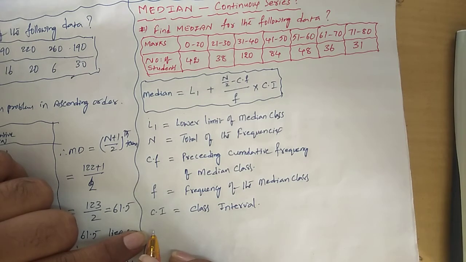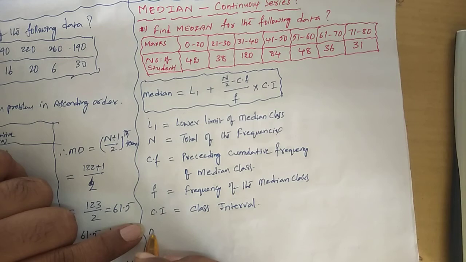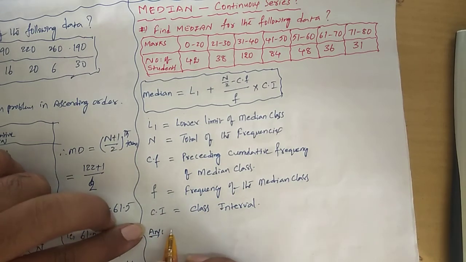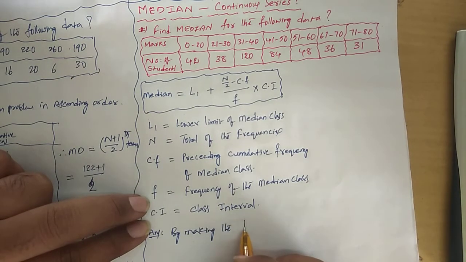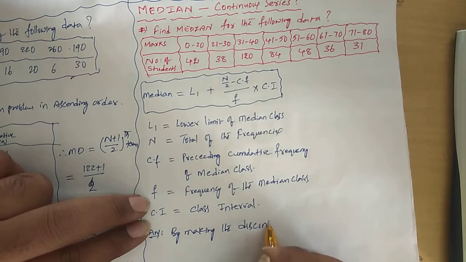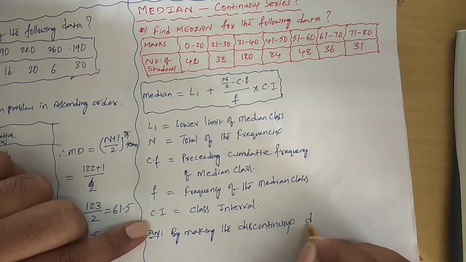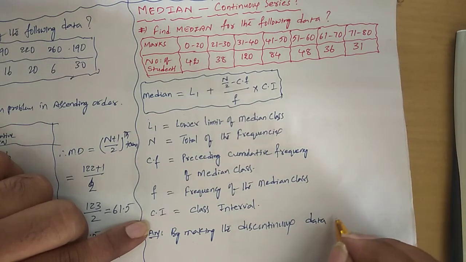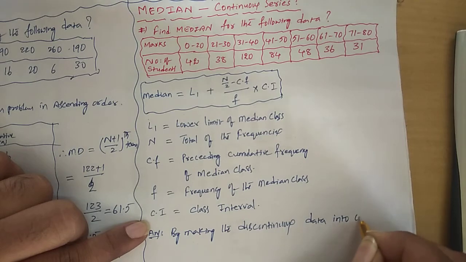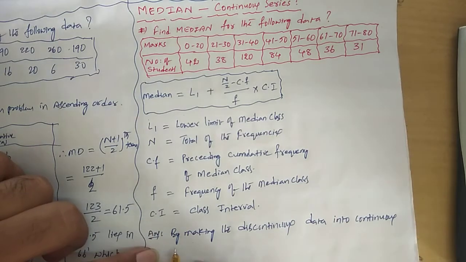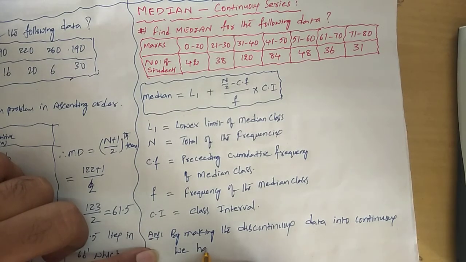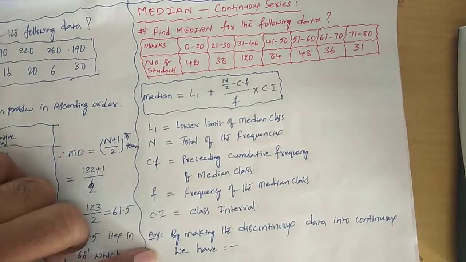Now what do you get here? By making the discontinuous data into continuous, we have continuous data.